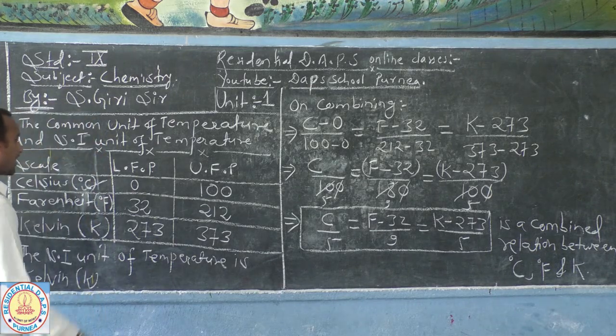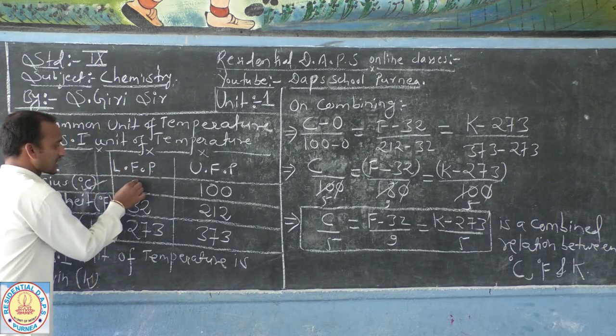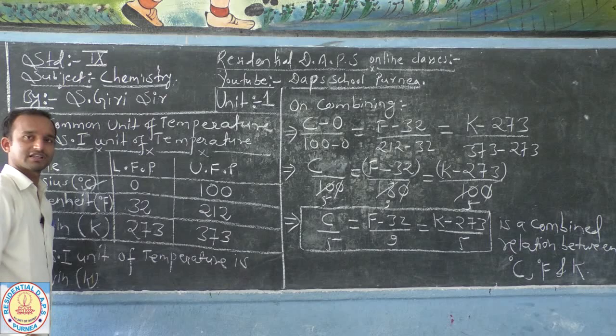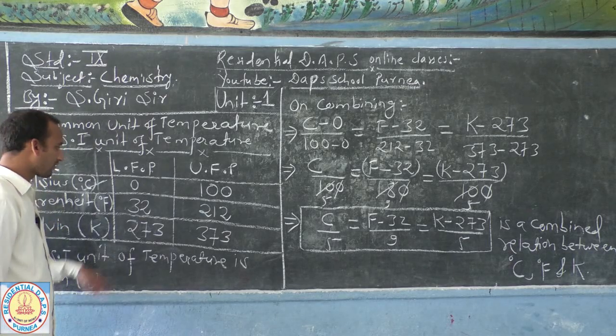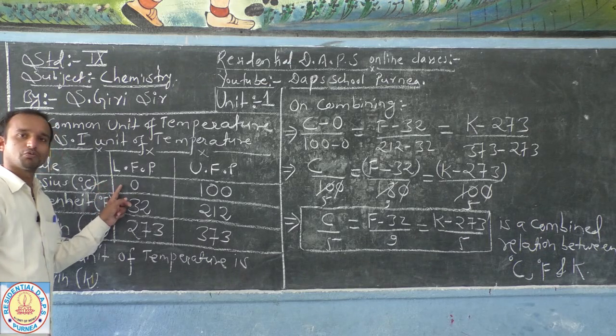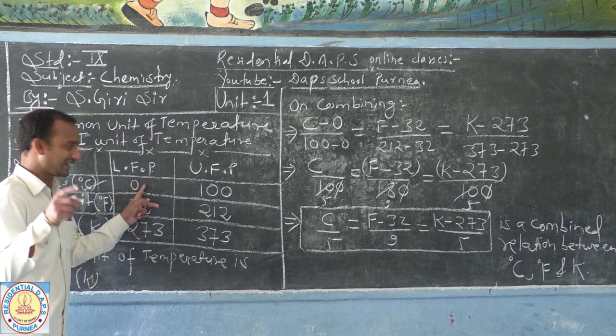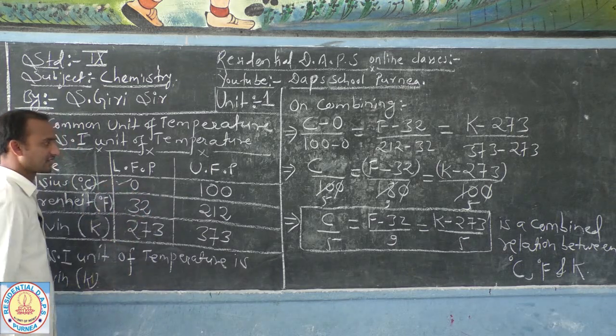Now, when you take degree Celsius, the lower fixed point is taken as 0. It means the melting point of ice, meaning ice converts into water at 0 degree C. It is the melting point in the Celsius scale, right?